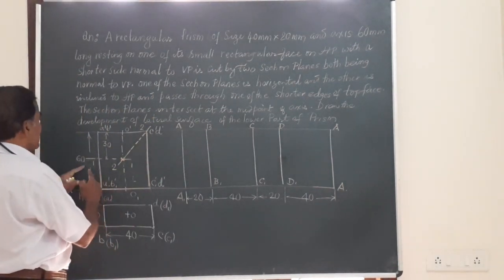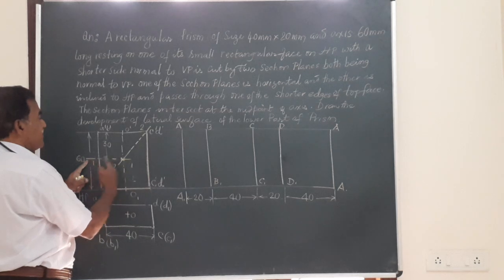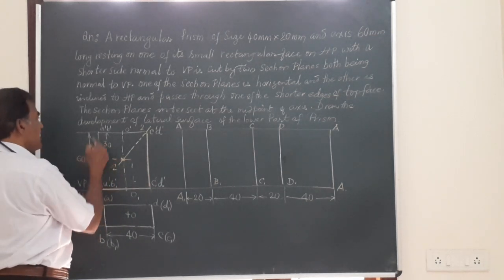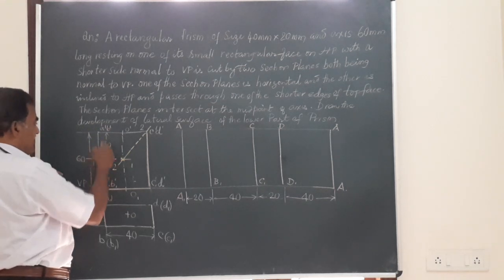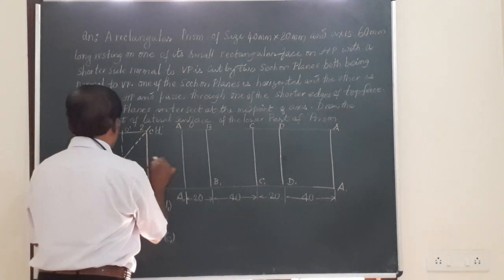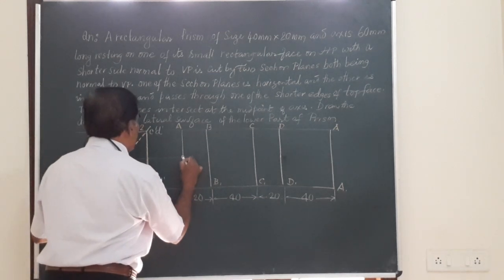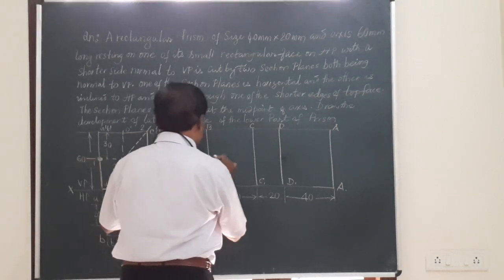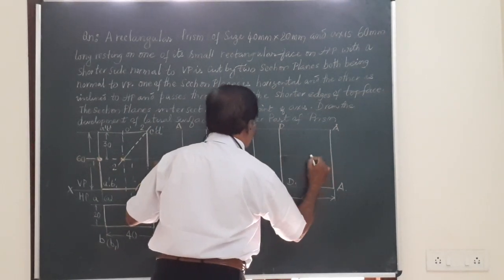You can see here, friends, the horizontal section plane 1, 1 is cutting the vertical edges AA1 and BB1 here. So I draw a horizontal line from there till AA1, BB1 and finally till AA1.